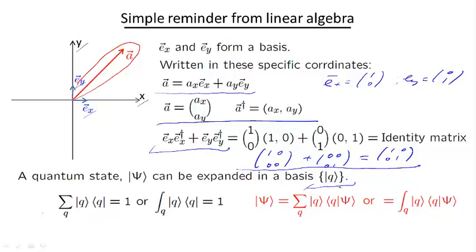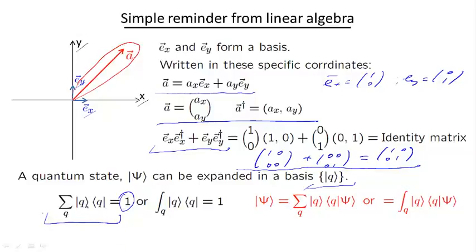So let's say we have a set of vectors Q, either a discrete set or a continuum set, we will see both of them. The sum of these ket-bra products over all basis vectors gives rise to an identity operator. And this resolution of identity is going to be extremely useful for us in a number of derivations that we're going to see throughout the course.